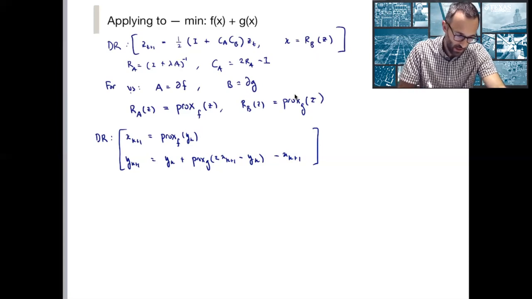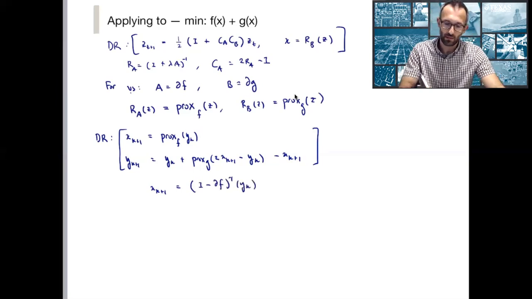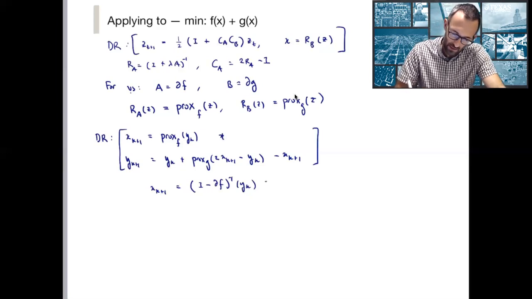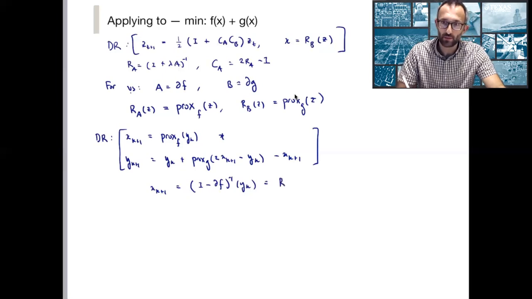So we've got x_{k+1} is equal to the prox of y_k. That's what this first line says, and I'm putting it in our general language of resolvent and Cayley operator.